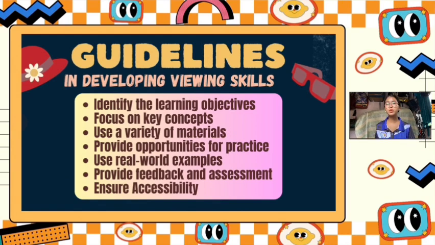Now let's proceed to number 7, which states that ensure accessibility. This is where we select materials that are accessible to all learners, considering factors like visual impairments and cultural diversity, and provide alternative text or description when necessary. For example, if you are going to have a student who is visually impaired, then you are not to display a specific type of material, for example, a bulletin board.